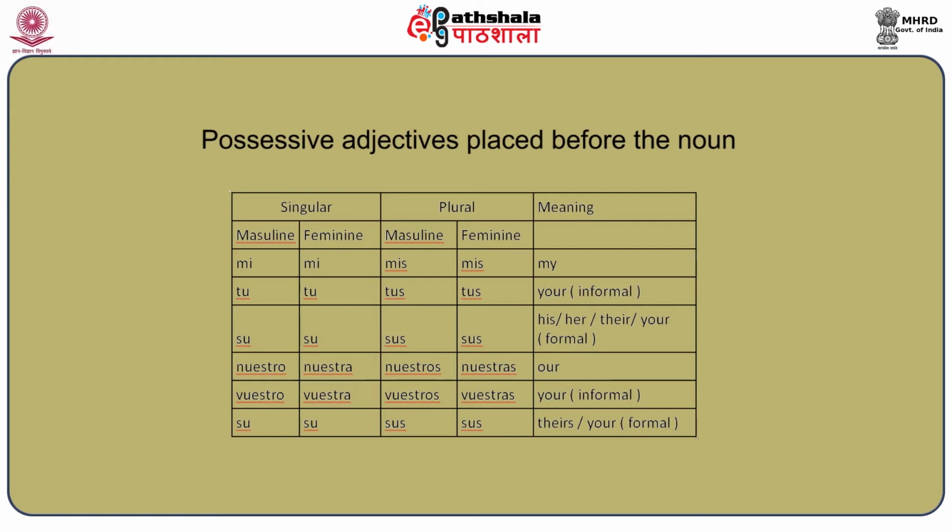Same way, his or her or their will be su, and if it is plural, it will be sus. Our will be nuestro or nuestra, or nuestros or nuestras in plural. Your in vosotros informal form will be vuestro, vuestra, vuestros, vuestras, and theirs will be su, and if it's plural, it will be sus only.